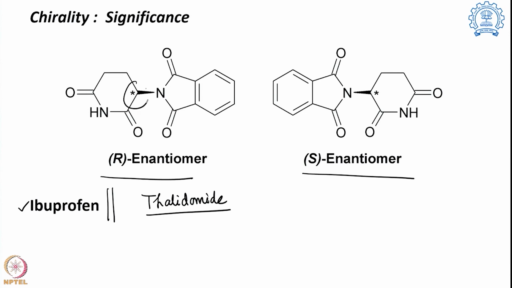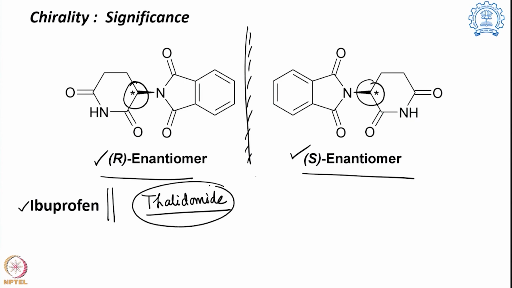Again, we have a chiral center over here, and these two are mirror images of each other, and then we reorient it to showcase in this particular way. But this is the R isomer, this is the S isomer, and this thalidomide can also be used as a drug. So, if we take the R isomer of the thalidomide, the R isomer of the thalidomide acts as a sedative.